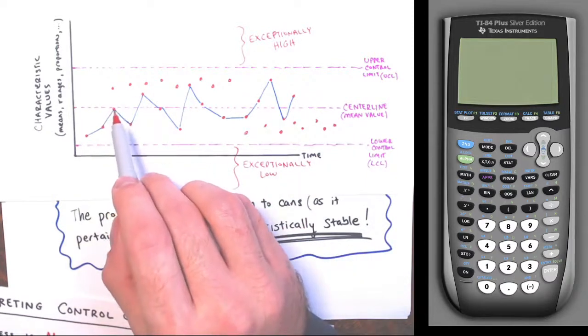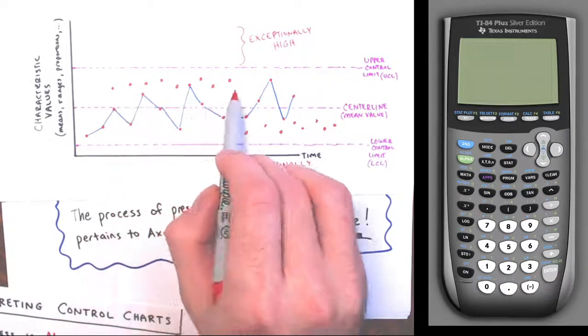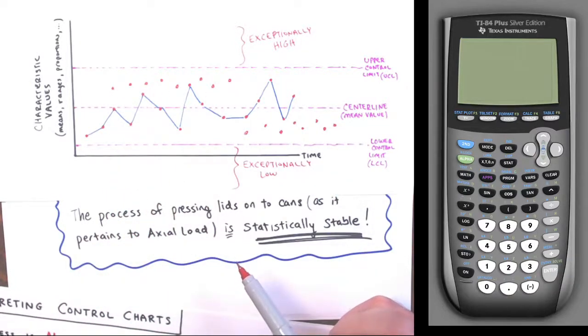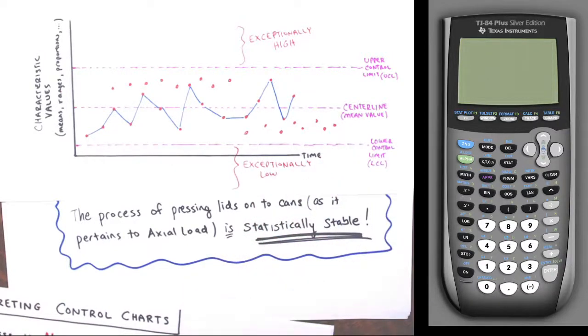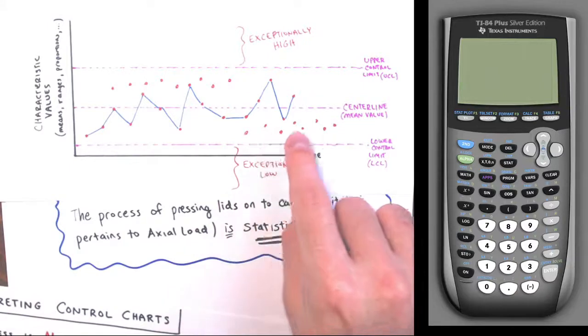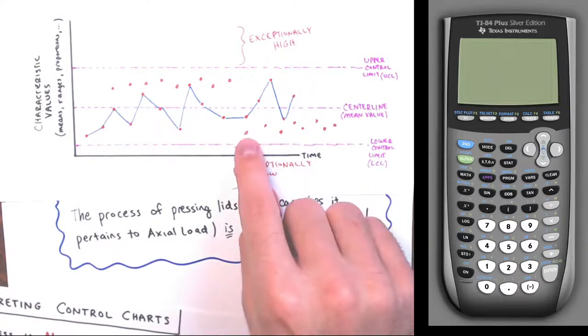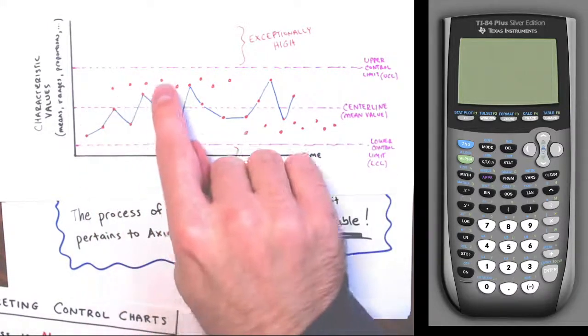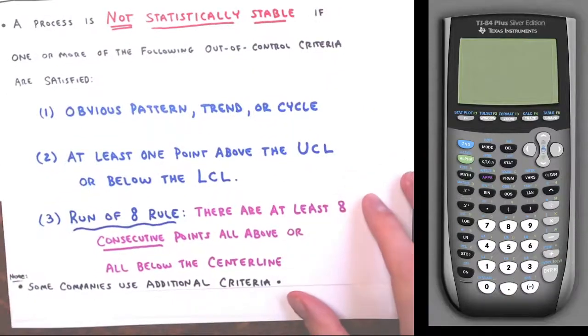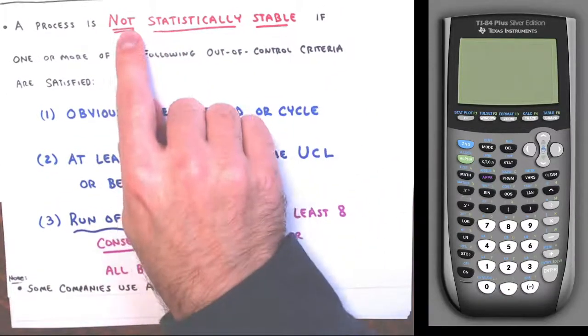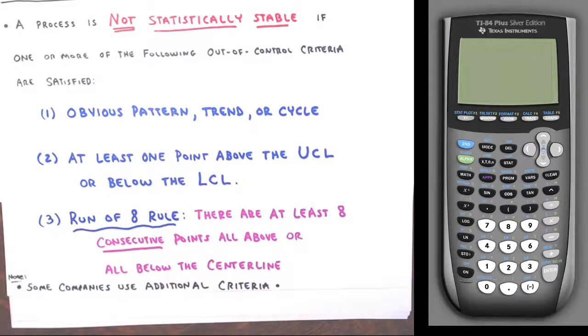It's like flipping heads or tails. The probability of getting 8 heads in a row is incredibly slim. The probability of getting 8 tails in a row is incredibly slim. So the chances of that happening naturally are very slim, and we would not expect this to happen naturally. So if you see a run of 8 consecutive points above or below the center line, we're going to determine that the process is not stable and go in and do something about it.